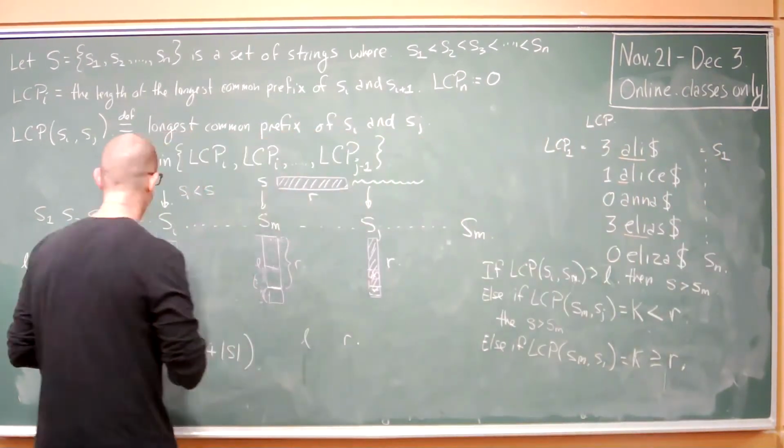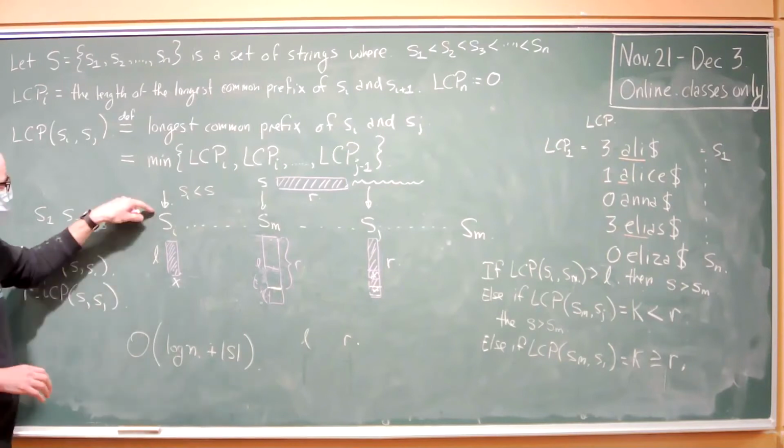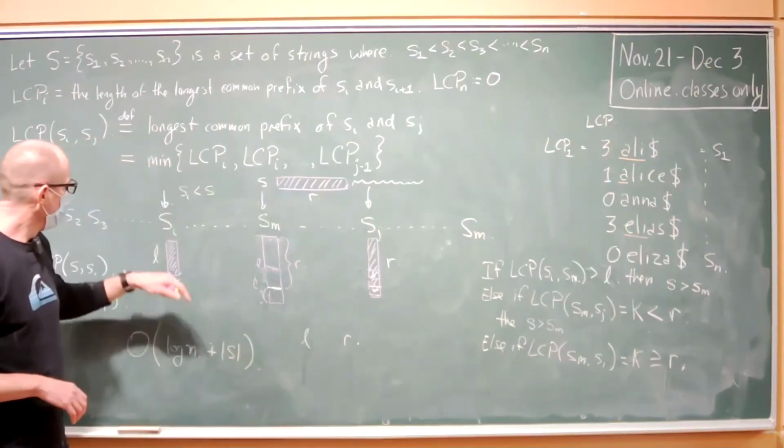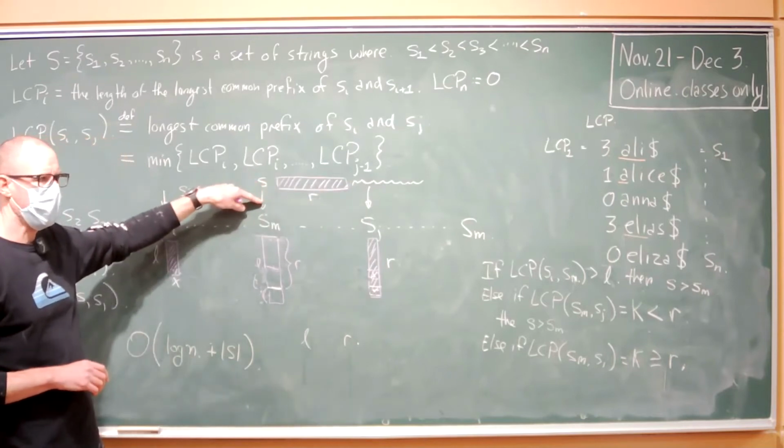The more clever way to do it is to think about what kind of queries you're going to want to answer. Because I'm always querying SI, SJ, and it's either SI versus SM or it's SJ versus SM.